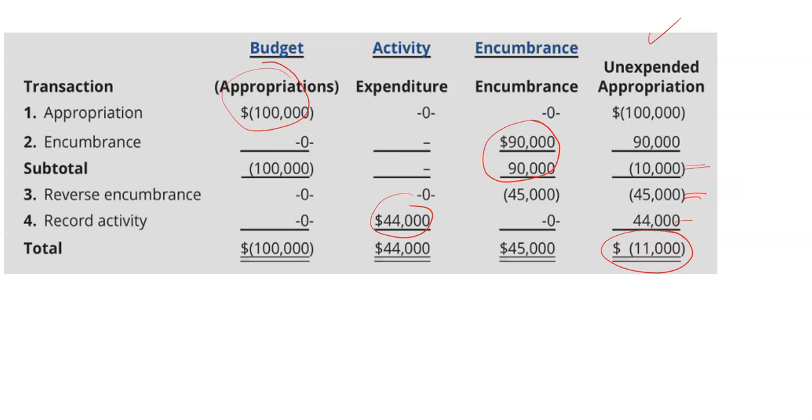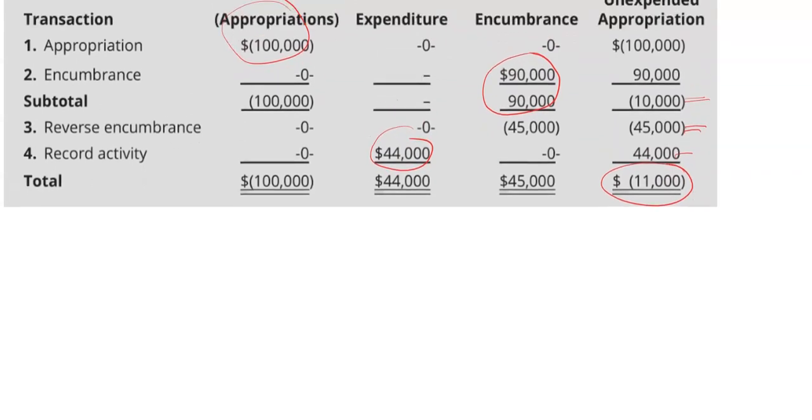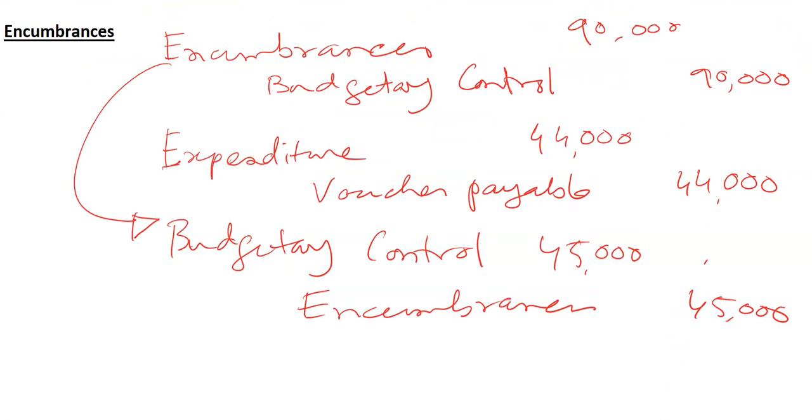Now assume that the first year ends and you wanted to purchase 2 trucks, but actually you ended up with 1 truck. Then what will you do? Remember, the encumbrance amount we have to eliminate. Budgetary journal entries and encumbrances we recorded, but at the end of the year we have to eliminate them.